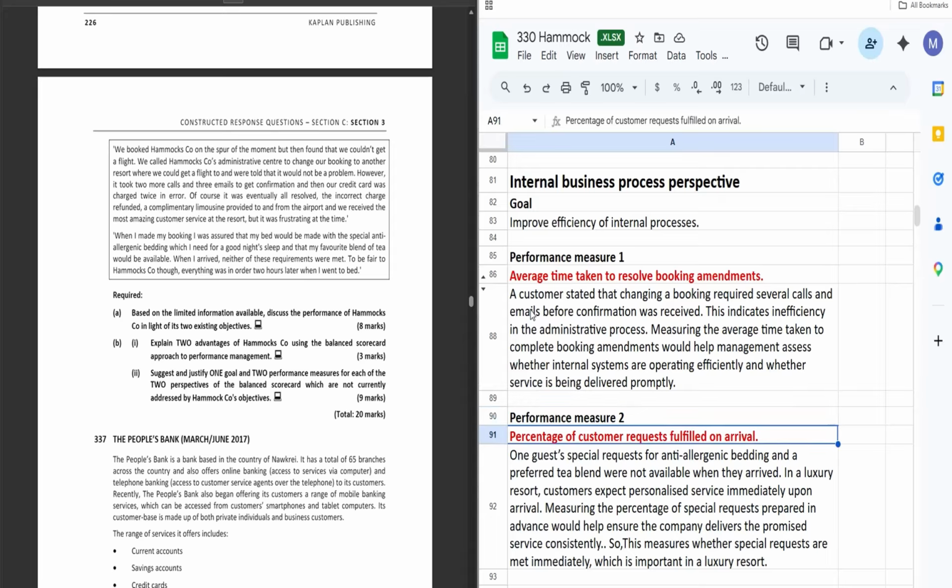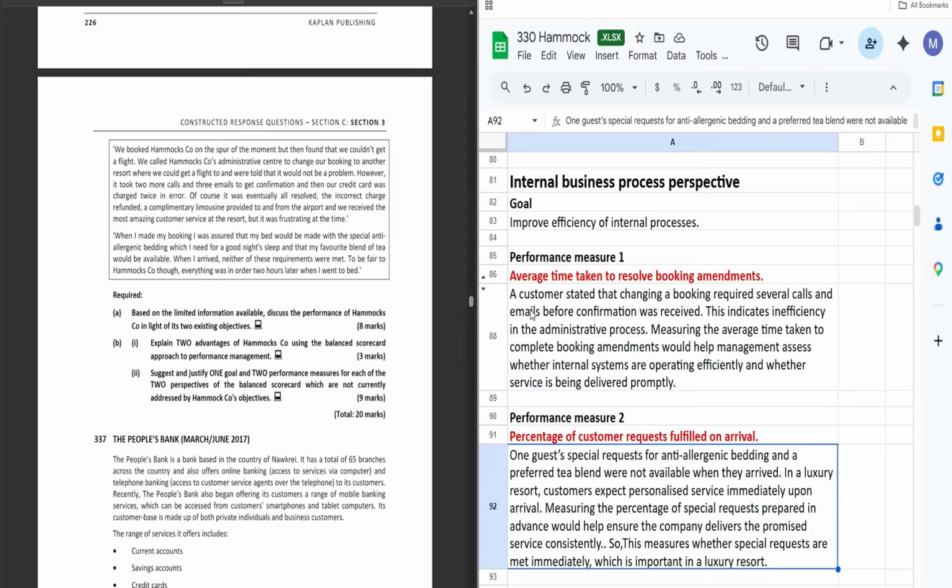So now the second is the percentage of customer requests fulfilled on arrival. One guest requested anti-allergenic bedding and their preferred tea blend, which were not available when they arrived, even though they were assured before the booking, right? In a luxury resort, obviously customers expect personalized services immediately when they come to the resort.